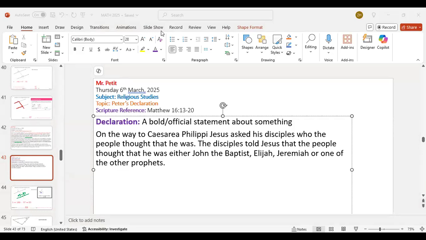They think you are either John the Baptist, Elijah, or Jeremiah, one of the other prophets. Very good. So the disciples told Jesus that the people thought that he is John the Baptist, Elijah, Jeremiah, or one of the other prophets. Okay, that's how they responded.